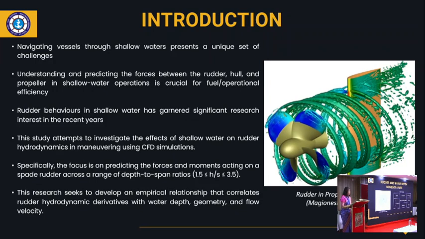So we had to consider very shallow water with a very narrow under-rudder clearance through to the deep water case, which gives us a wide range of values, so that the curve fit becomes easier, more accurate and more reliable.